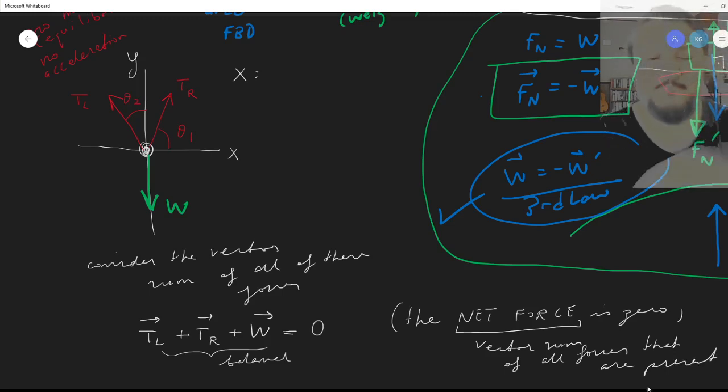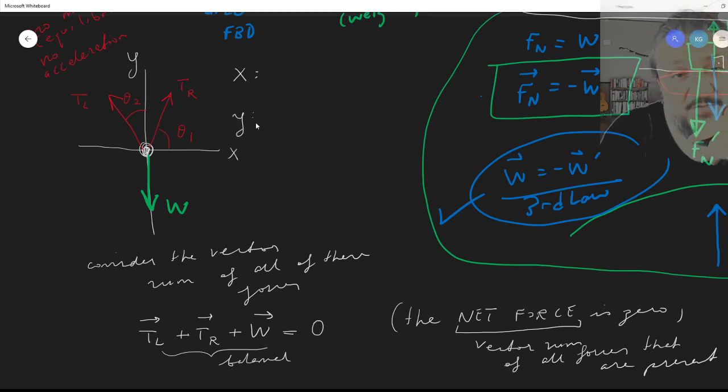All right? If the net force is 0, you may have an equilibrium, all right? So if the net force is 0, this means its x component is also 0. Its y component is also 0.